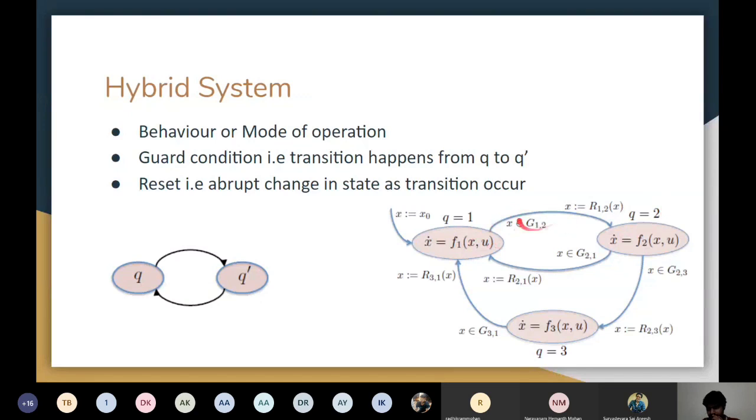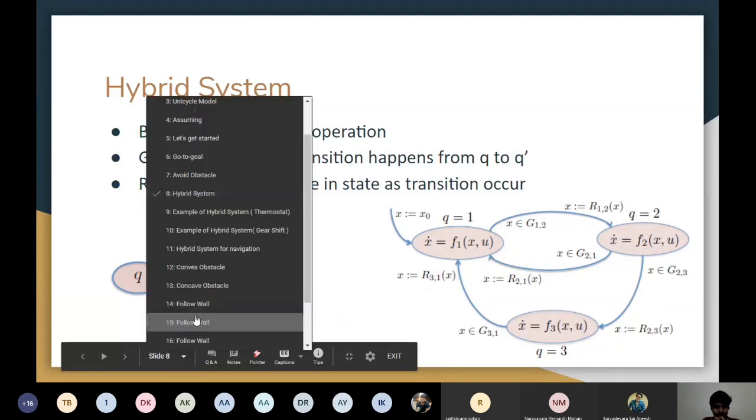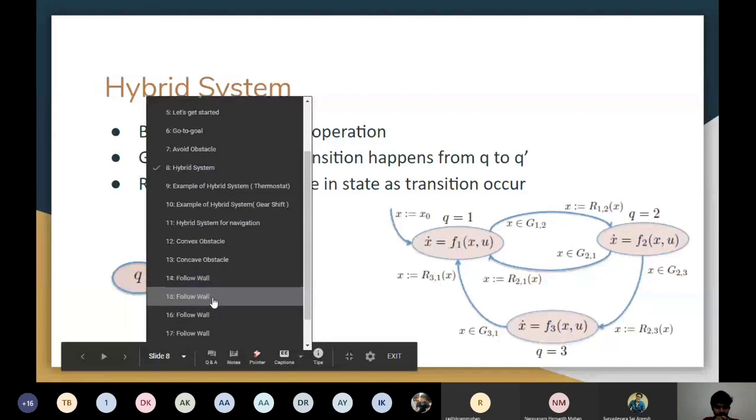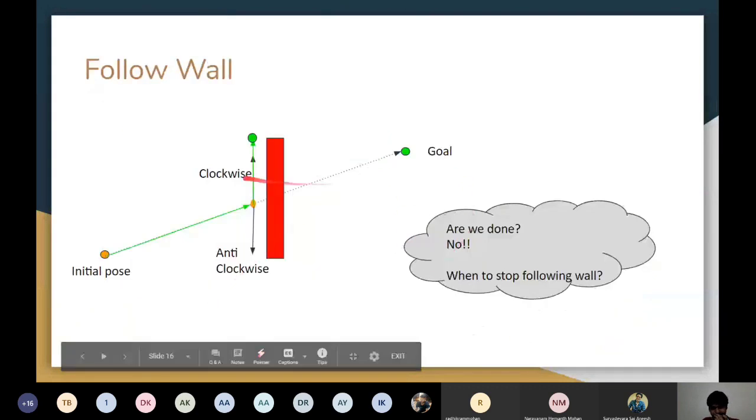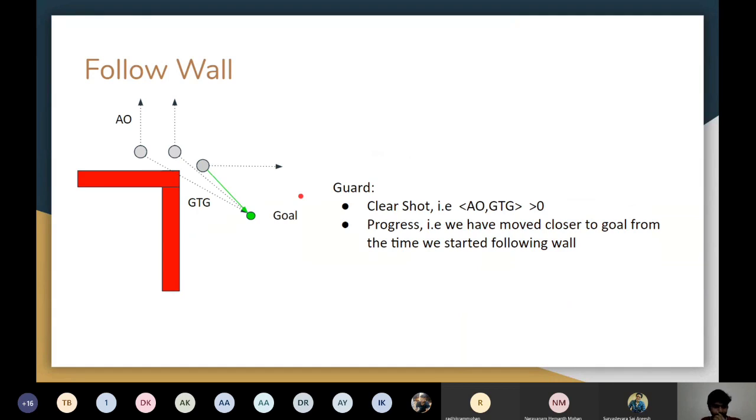There is a particular guard that tells you that you need to enter from one behavior to another, and some other guard that tells you that you need to exit this behavior and enter the other behavior. So we know the condition at which we need to follow our wall, but we don't know yet when we exit from that behavior. So let's try to answer that next.